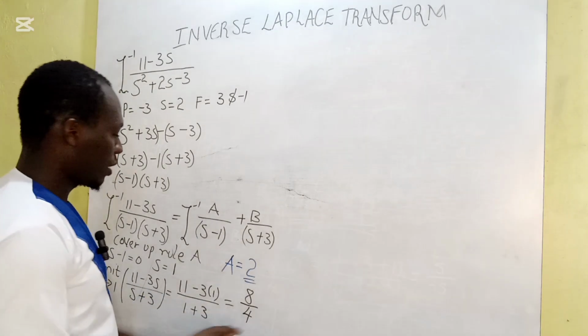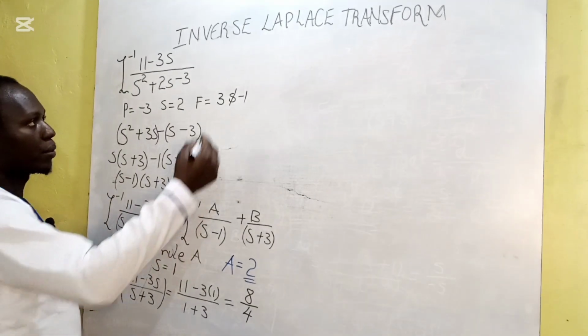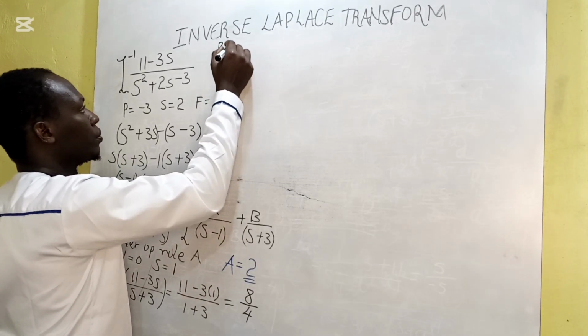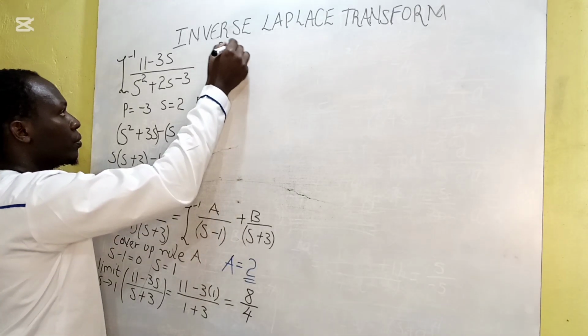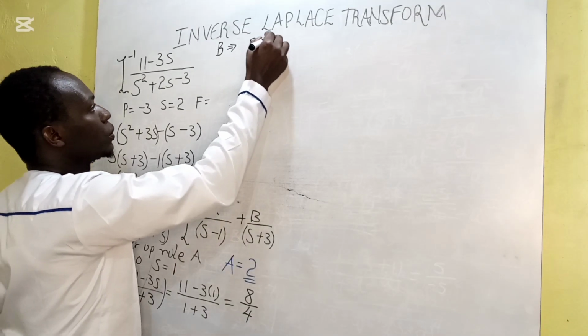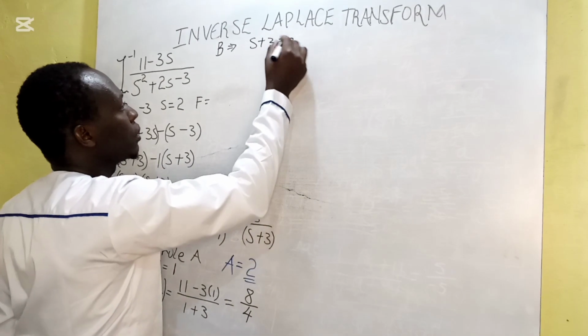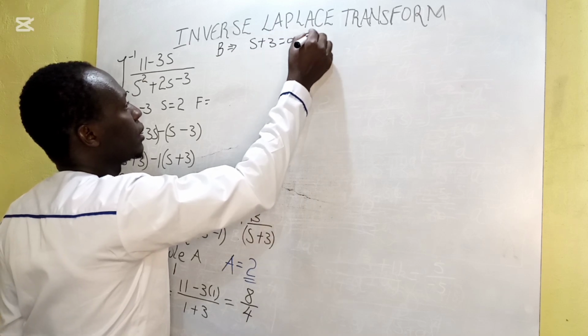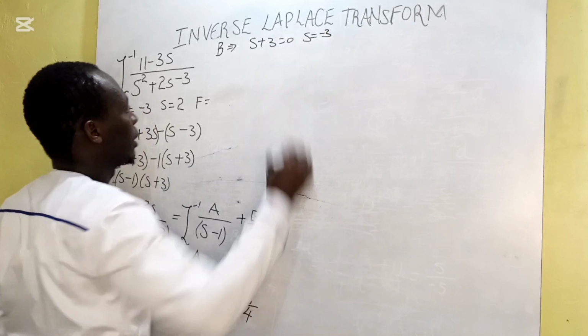Let us now get the value of B using the cover-up rule. For B, s plus 3 is equal to 0, to mean that s will be equal to a negative of 3.